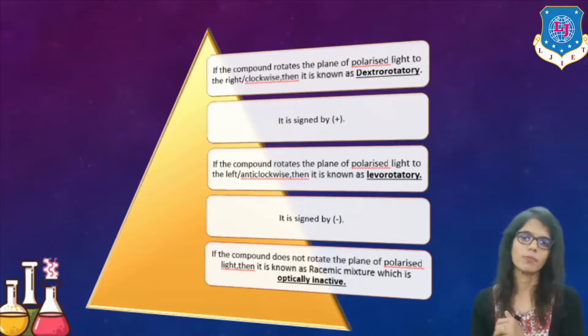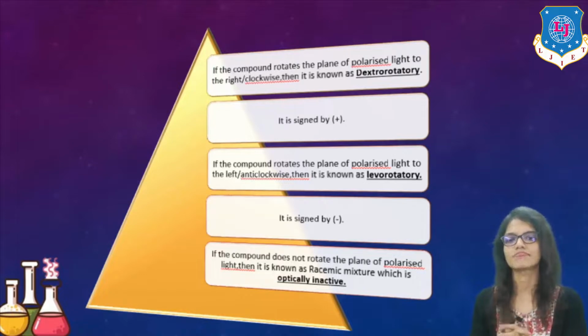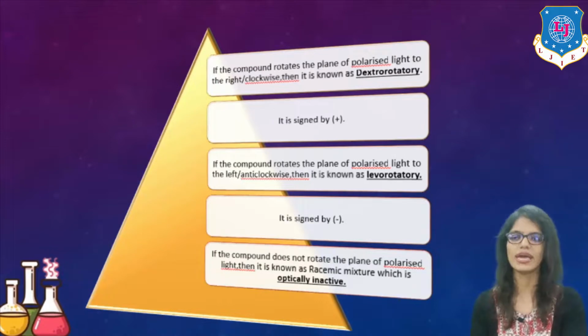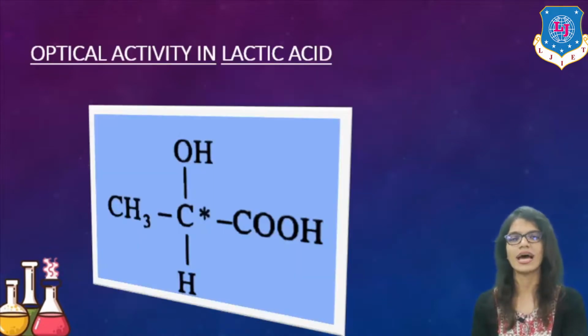And if the compound is racemic, totally neutral, then no change will be observed in the angle of plane polarized light. So it is denoted as optically inactive. Okay, in this manner we can separate any kind of optical isomer.